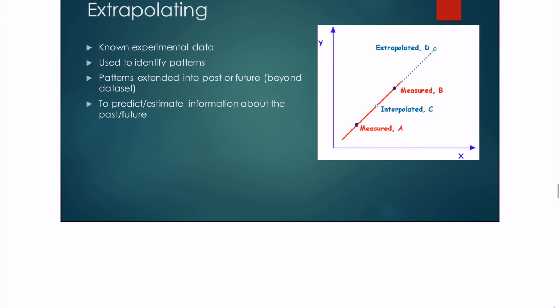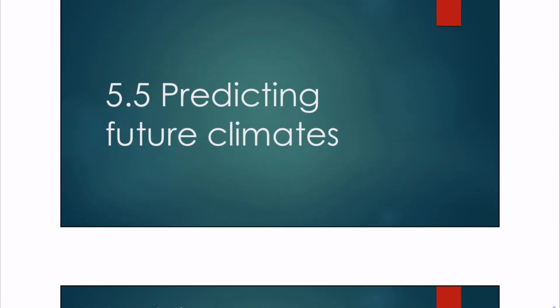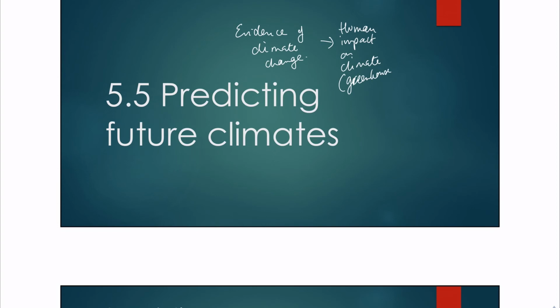So the next section is about being able to predict. Based on the collection of data, it's about predicting future climate. So the story really is evidence of climate change, then how humans have an impact on the climate, so human impact on climate, and that's the greenhouse effect.